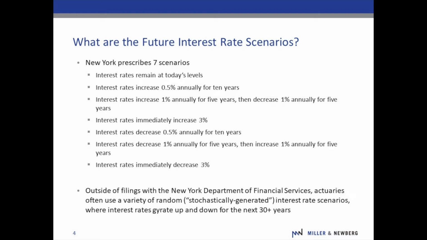Maybe the company failed 2 of the 7 New York scenarios, but maybe it passed all of the 100 randomly stochastically generated scenarios, or maybe passed 99% of them. The actuary can tell that story, and it can be part of the picture that management understands and the regulators understand as to this company's survivability in an adverse scenario.